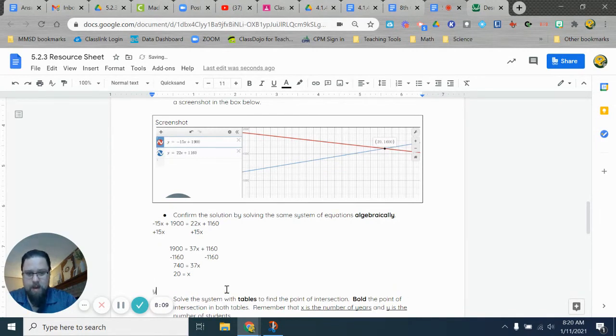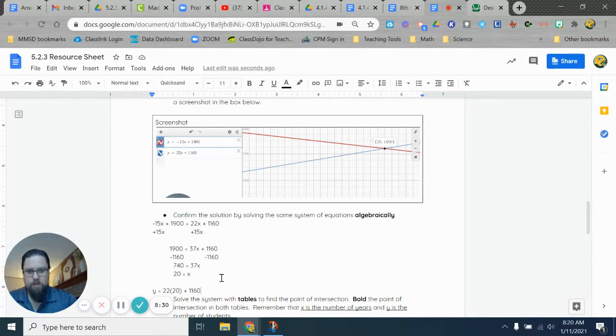So we go and we say y equals 22, not x anymore, we think it's 20, plus 1160. Okay, so then we do a little bit of math. First off, remember when a number and another number are smashed together, like 22 and 20, that's multiply.